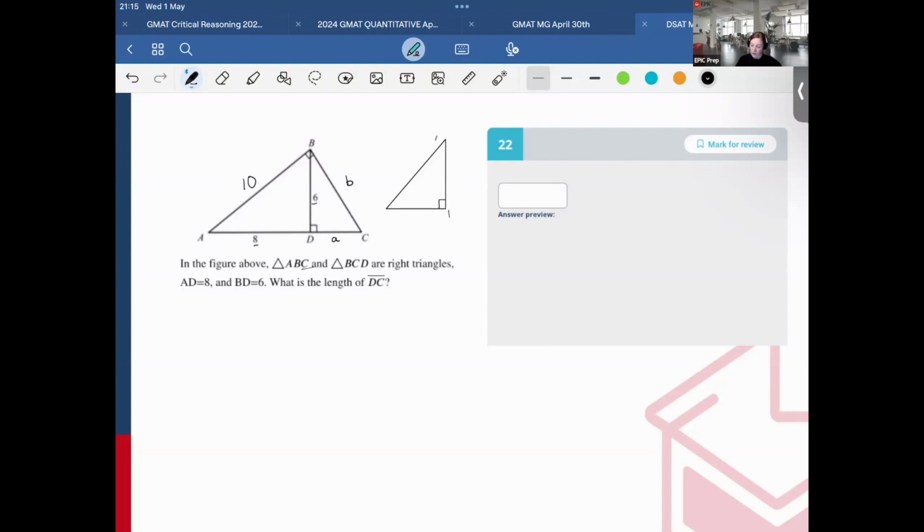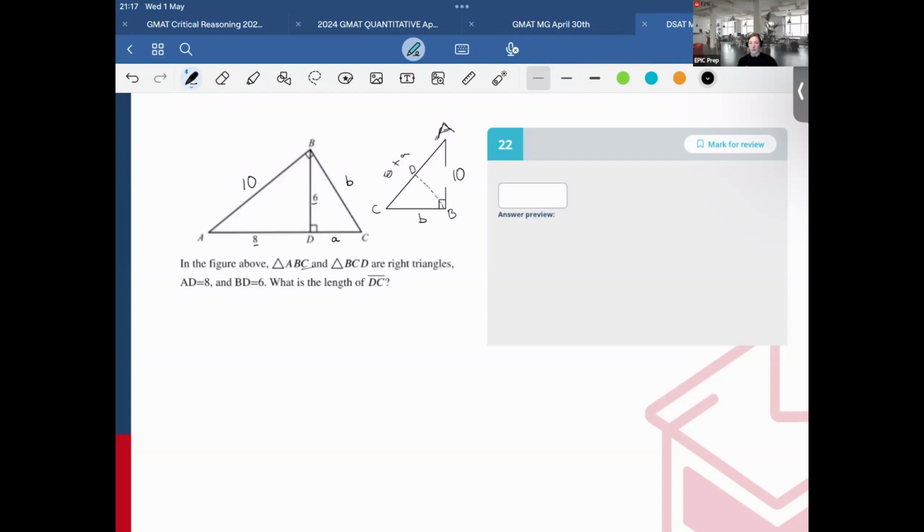So in this case, the B is here, C is here, A is here, and the BD, it's here. Okay, so then I have the hypotenuse here, which is 8 plus A, and then I have the AB value. AB is 10, and our CB value is B.